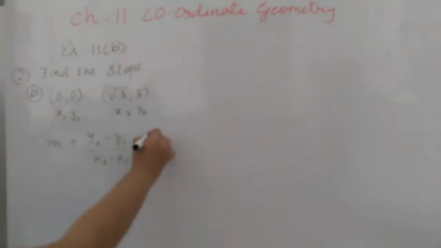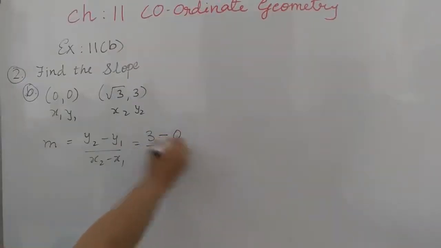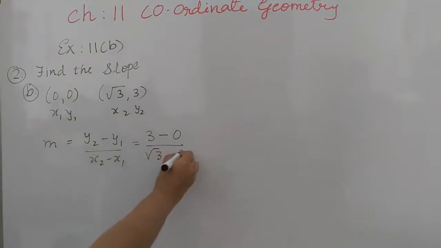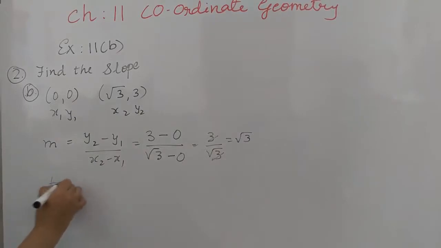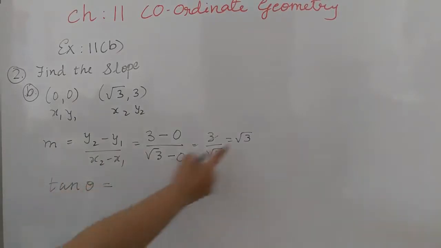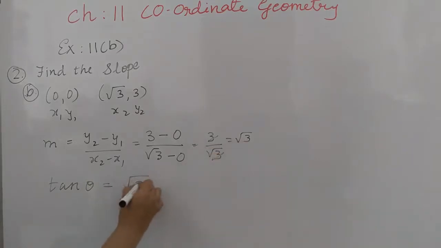Now y2 is 3 minus 0 upon x2 is root 3 minus 0. So this is 3 by root 3, and by cancellation we can write this is only root 3. So this is what we get our tan theta value. Tan theta means slope m is equal to what I get here, under root 3.